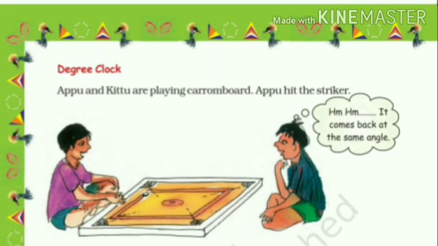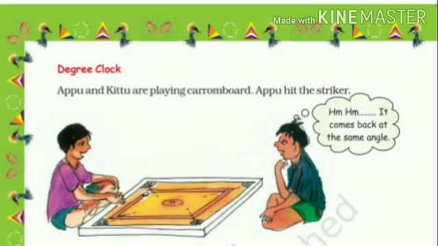Means the biggest circle-shaped stone of the carom board is the striker. So he has hit the striker, and now his friend Kittu is asking, does it come back at the same angle?